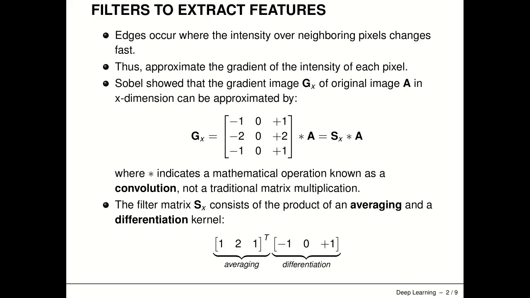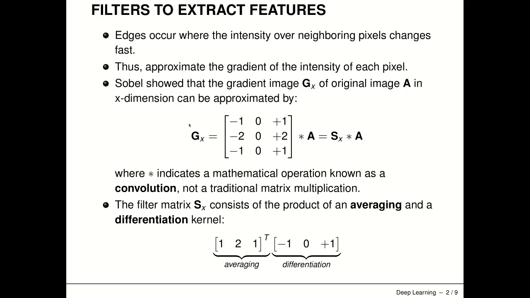Now the question is, why should we calculate the first derivative? The reason is that edges occur when the intensity of neighboring pixels changes fast. Therefore, approximating the gradient of the intensity at each pixel can show us the edges, right?